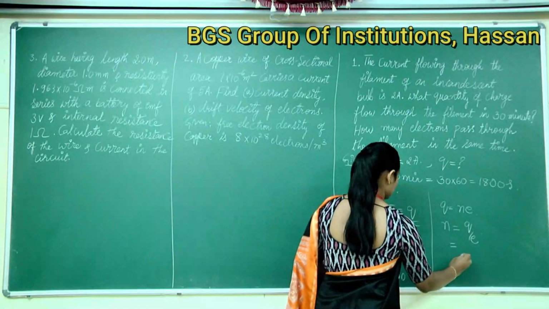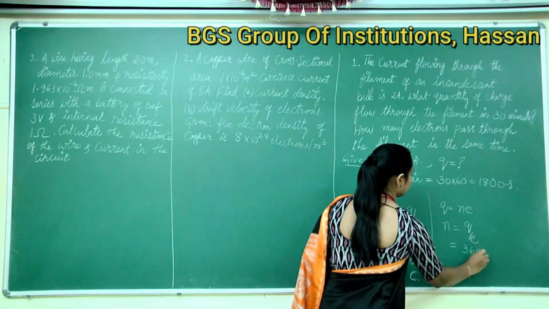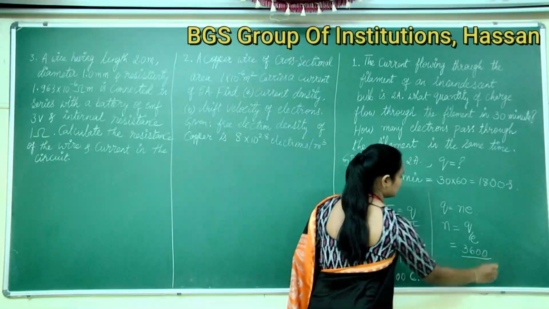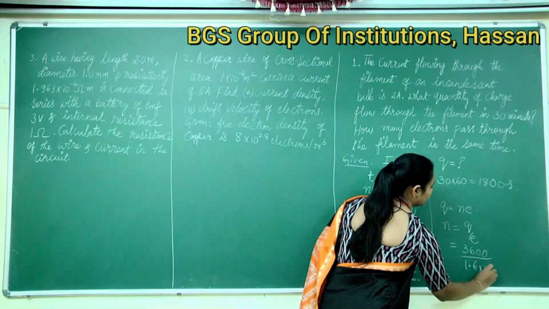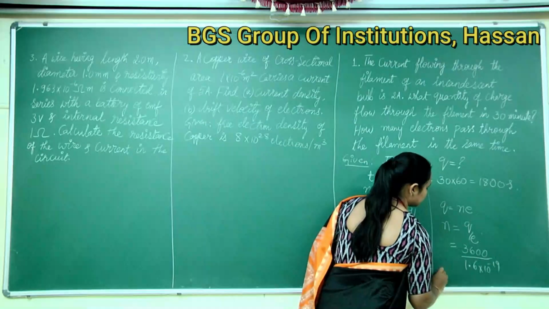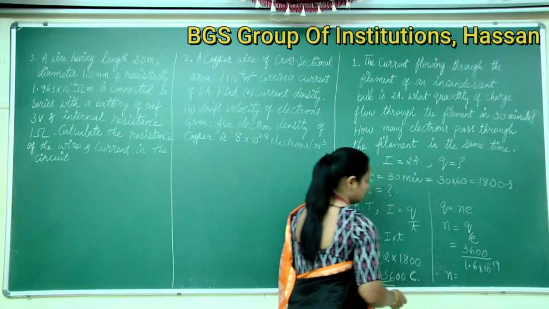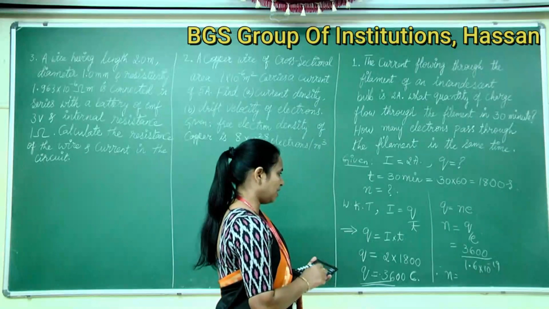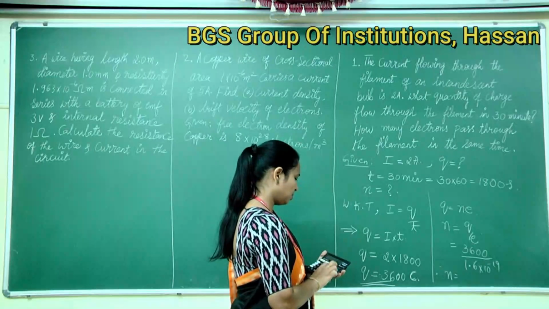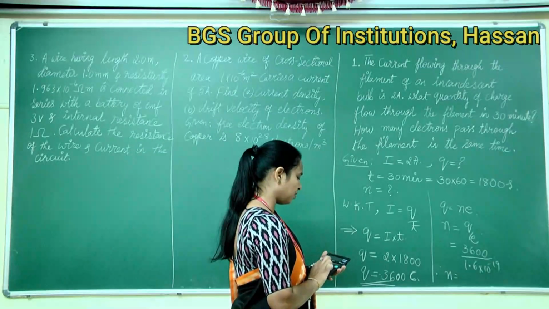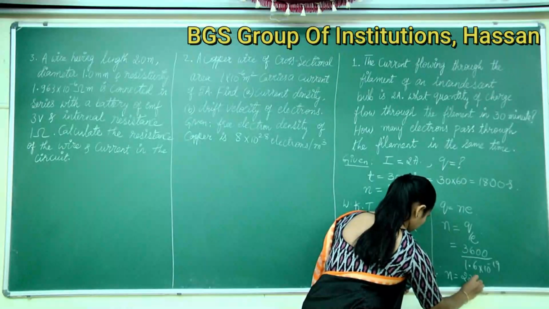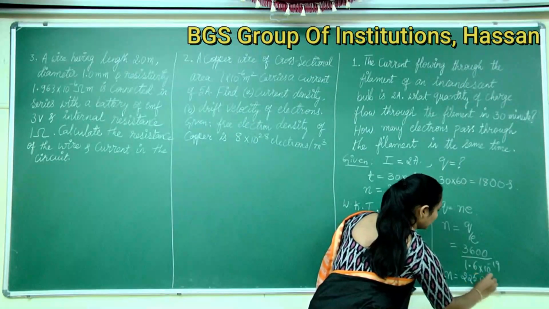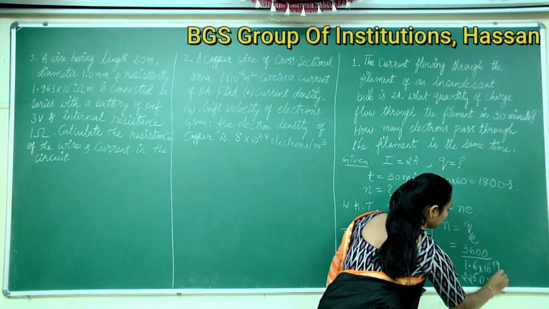Substitute the value. Q is 3600 divided by 1.6 into 10 power minus 19. Therefore N is equal to 2250 into 10 power 19.